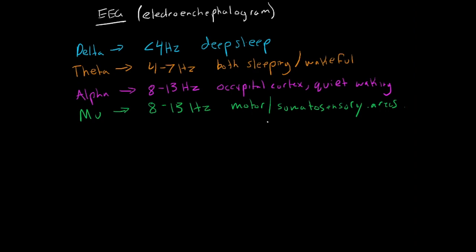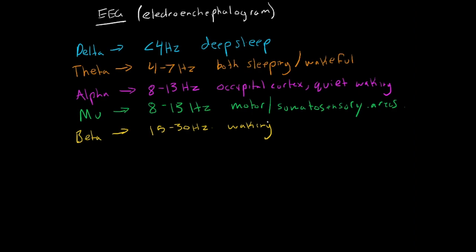And we have beta rhythms, which are from 15 to 30 hertz, and they're associated with waking states.